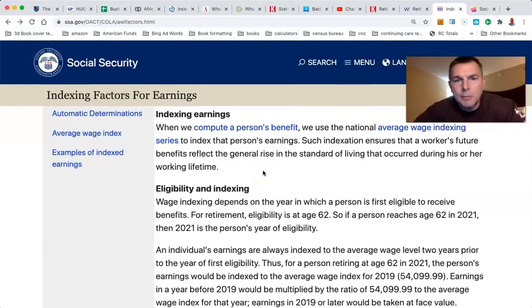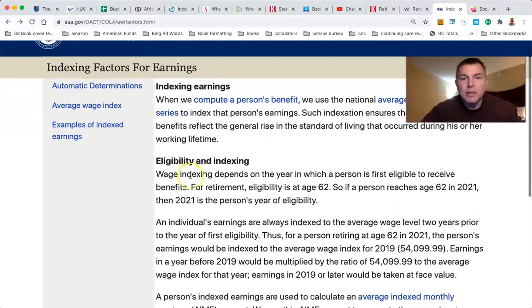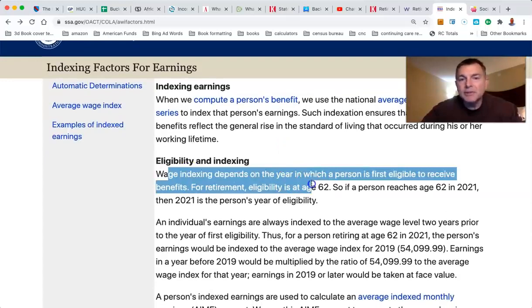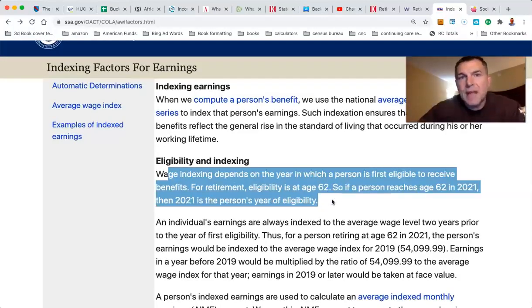When we compute a person's benefit, we use the national average wage indexing to index that person's earnings. We've talked about this a million times. But anyway, wage indexing depends on the year in which that person is first eligible to receive benefits. For retirement, eligibility is at age 62. So a person who reaches 62 in 2021, then 2021 will be his first year of eligibility.